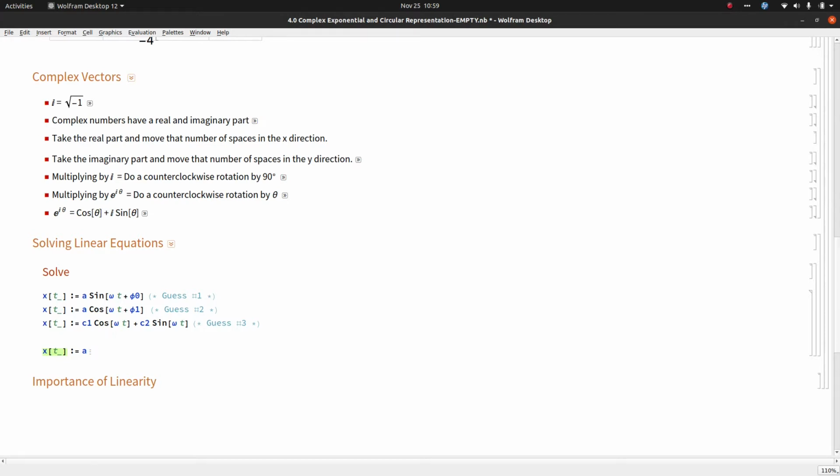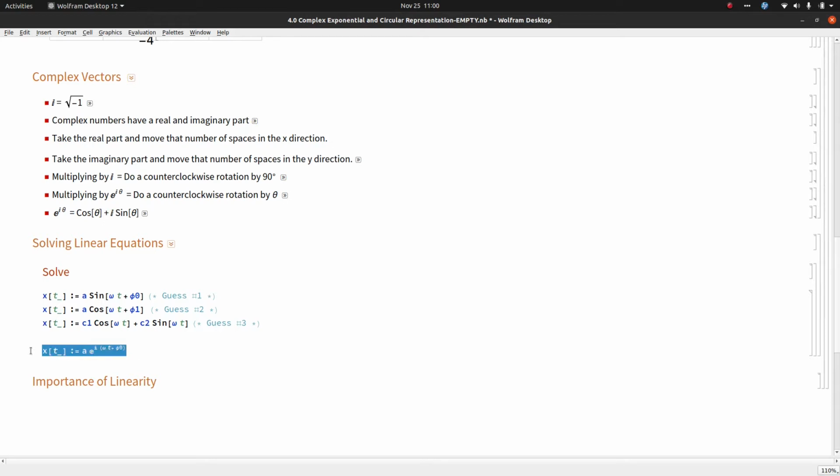So I could have said this is e to the, let's try that again. We could say that this is e to the power i times omega t plus some phase shift.